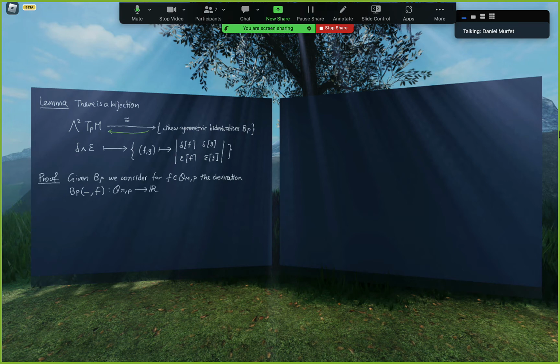A derivation from the ring of germs to R is by definition a tangent vector. So that's a vector in T_PM. So what I've defined for you is a map from O_MP to T_PM, which sends f to B_P(f, blank).